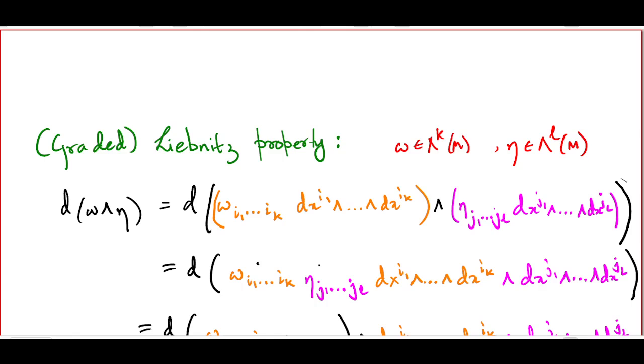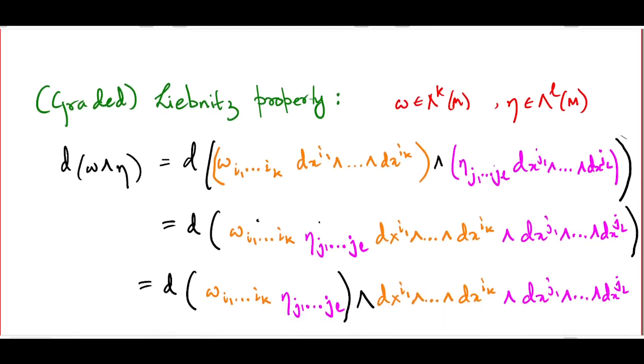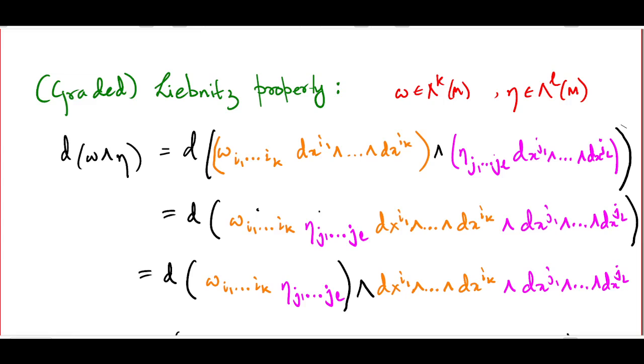So we can now make use of our formula that we had derived to write the coordinate differential of this as simply the differential of this product function wedged with the rest of the coordinate differentials which sit here.